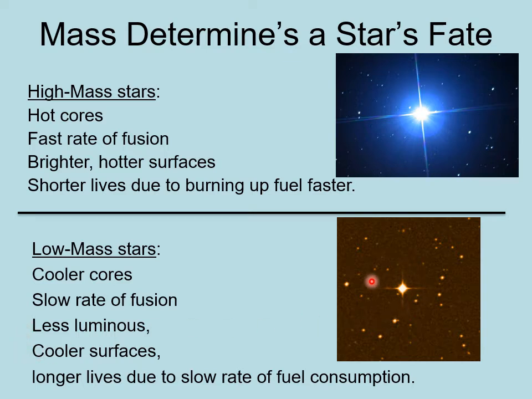That's why we see them as red in color. Because they burn their fuel so slowly and efficiently, they are going to have long lives due to this slow rate of fuel consumption. So whether the star burns bright and hot and dies young, like up here, or whether the star is cool and dim and lasts a long time, it just depends on how big the star was when it formed.